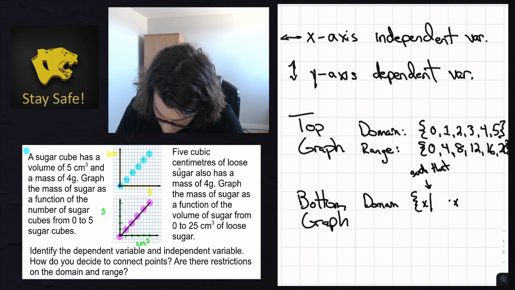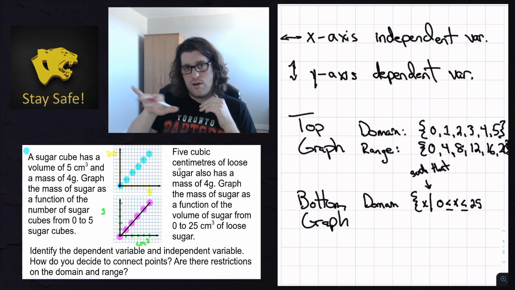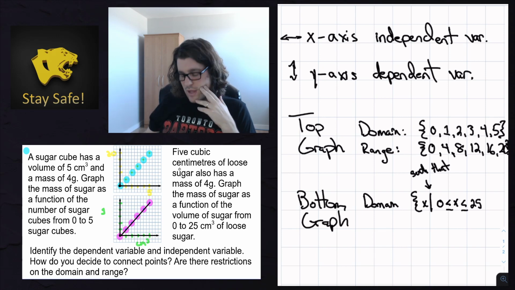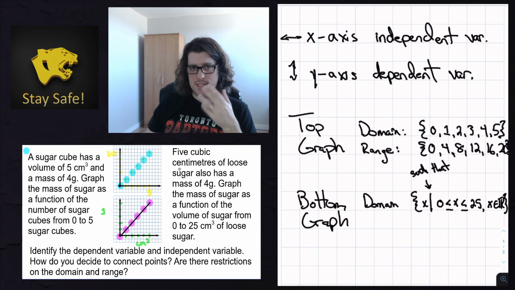X has to be a value between 0 and 25, but it's also allowed to be equal to 0 and 25. So I'm going to put the less than or equal to symbol, less than or equal to symbol. And then I'm going to list another rule. I'm going to say that x has to be a part of the real number system.